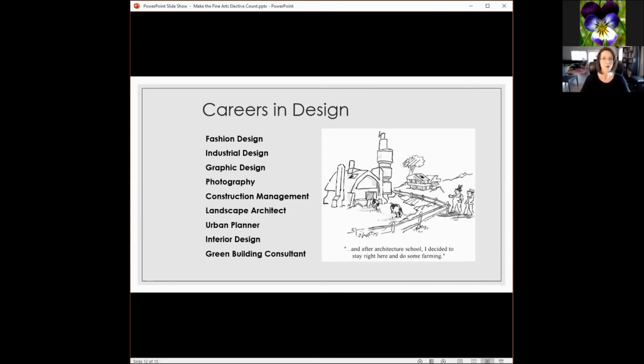That there are so many fields that they can explore with just the foundational principles that they're learning in design. And so this is even still very specific, and the list becomes broader as we reach out into all of the other disciplines in the arts.